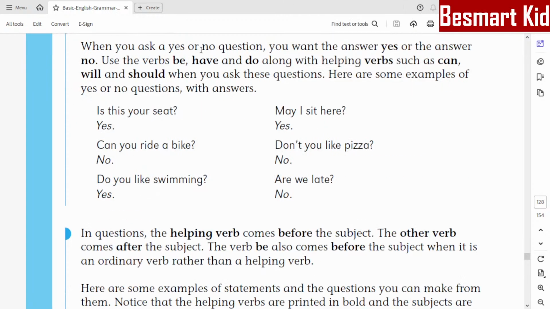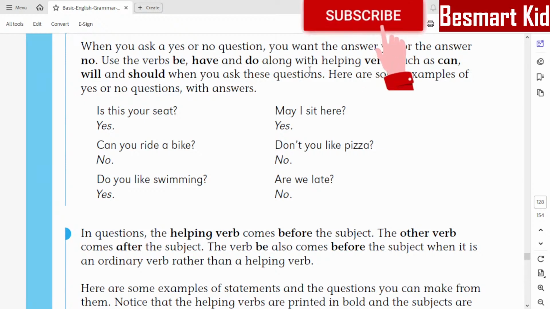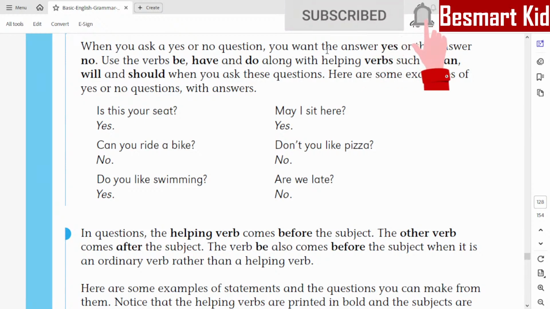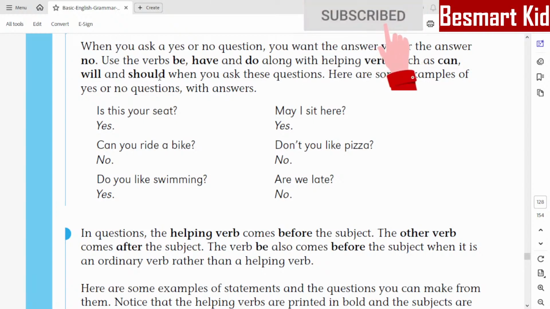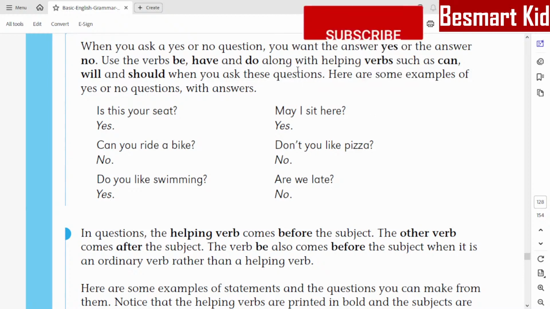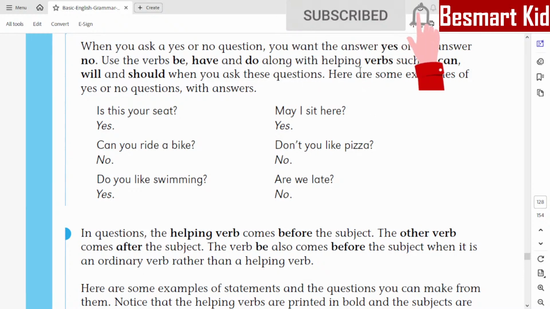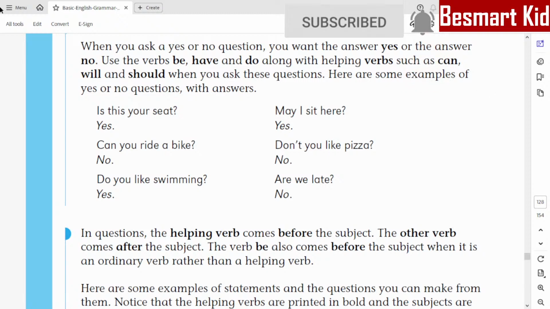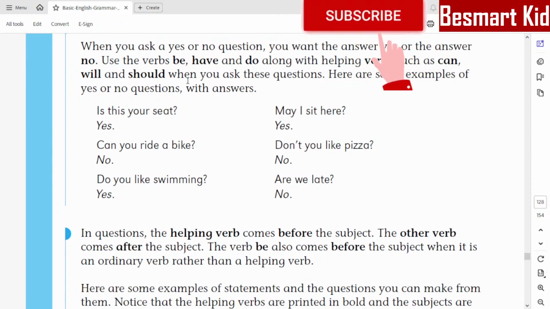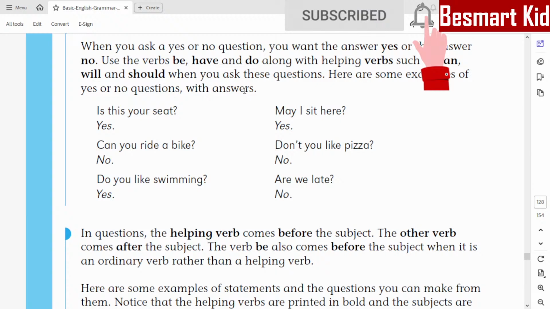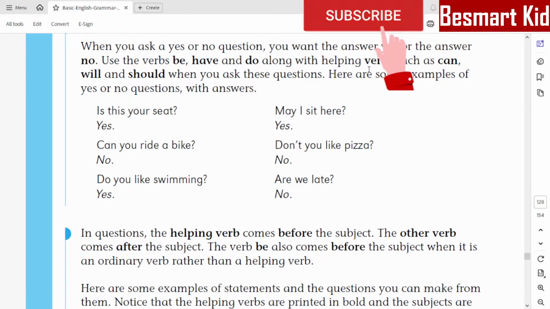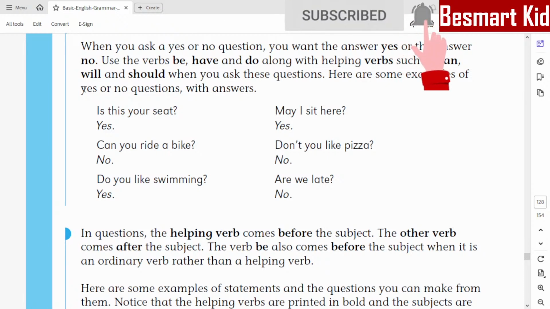When you ask a yes or no question, you want the answer yes or the answer no. The verbs be, have, and do are used, along with helping verbs such as can, will, and should. Here are some examples of yes or no questions with answers.